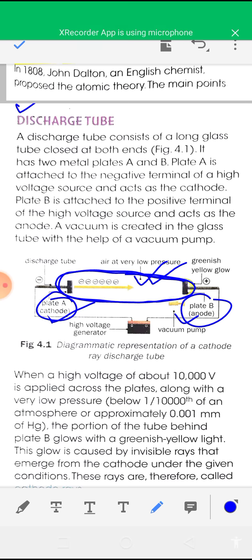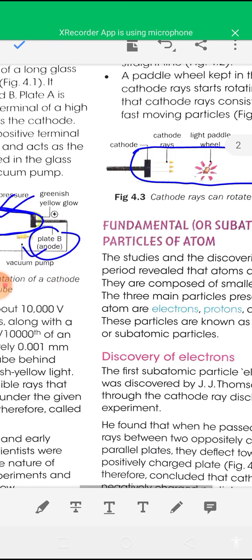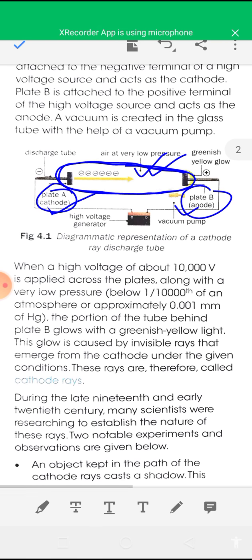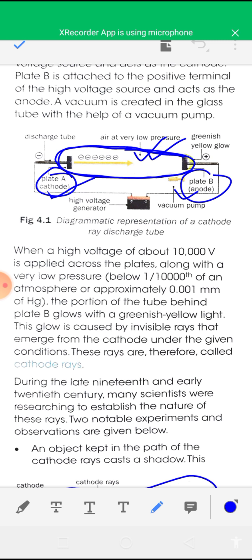Okay, this is the discharge tube. In this discharge tube, if you pass electric current, then you will see an invisible ray which originates from the cathode and travels towards the anode, and this is known as cathode rays.